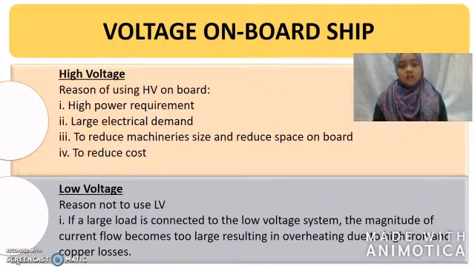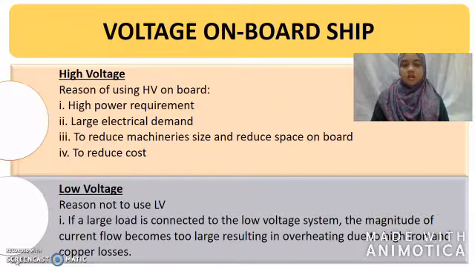Okay, voltage on board ship, which firstly is high voltage. High voltage is mostly used on big and large vessels or ships. High voltage is used because of the high power requirement on board the ship, which uses a lot of machinery, equipment, and has large electrical demand.